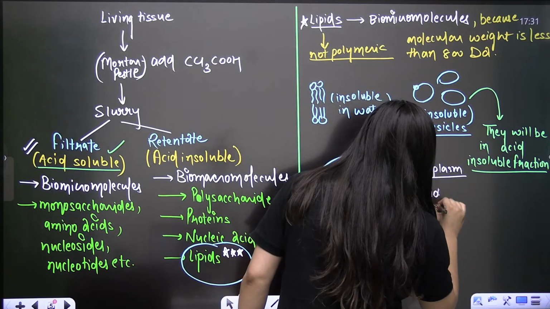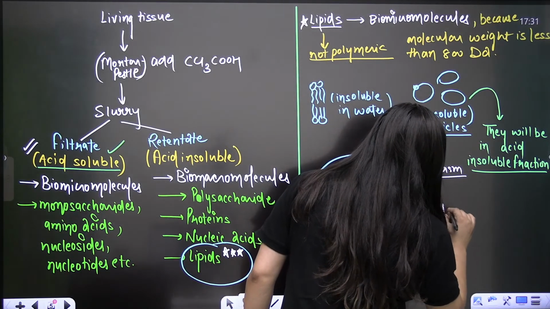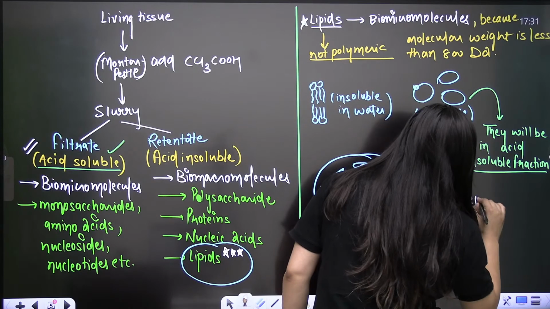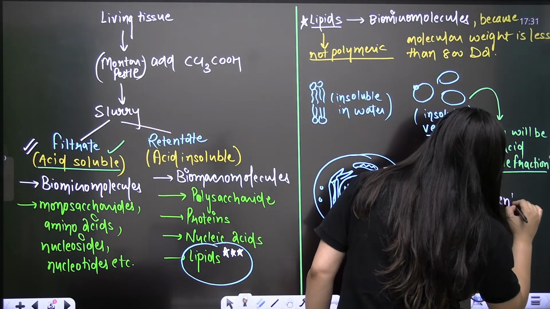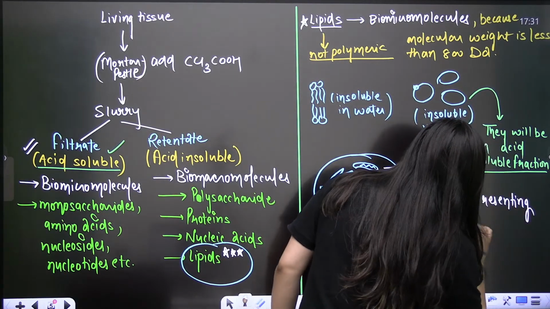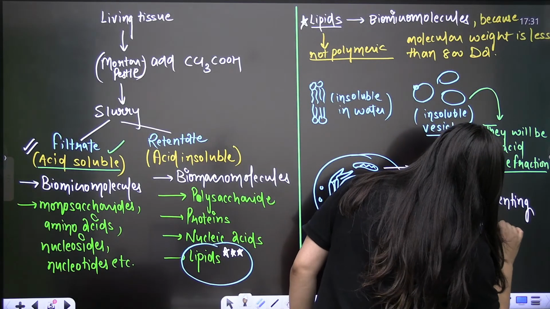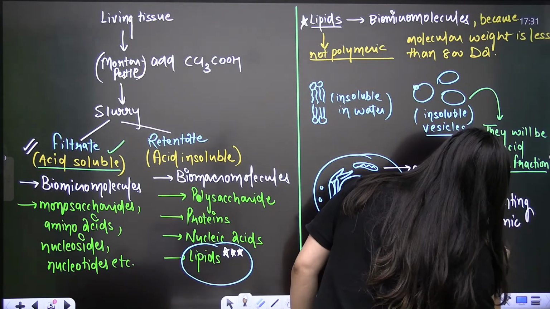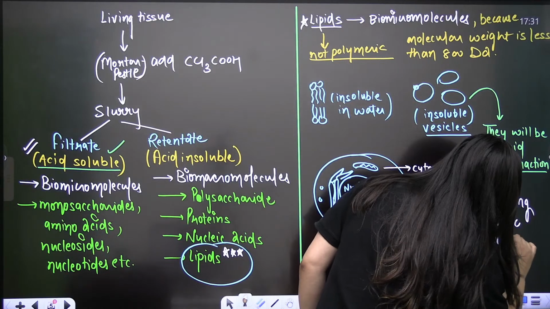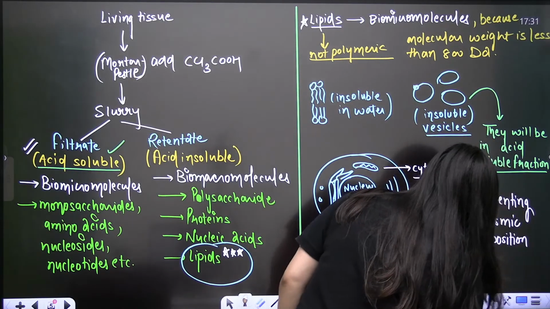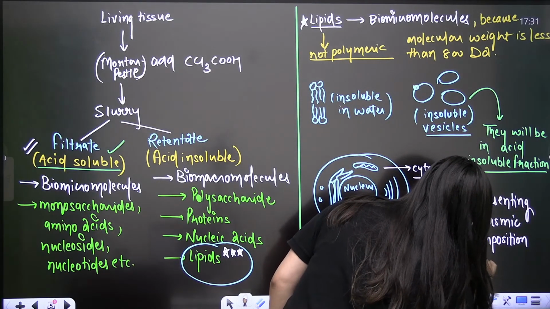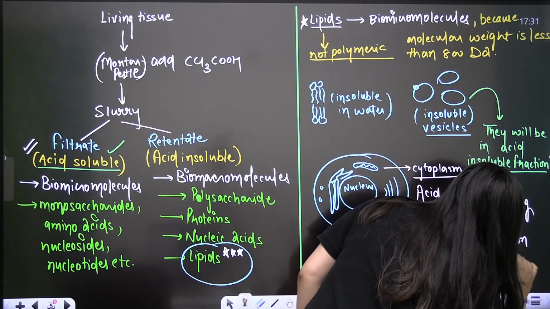So acid soluble, representing cytoplasmic composition without organelles composition.